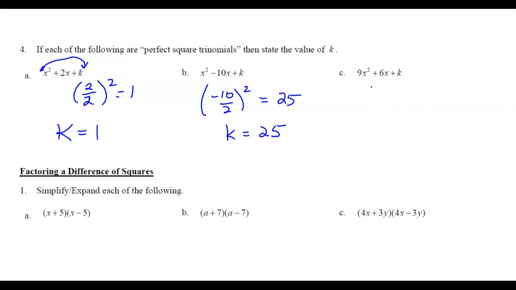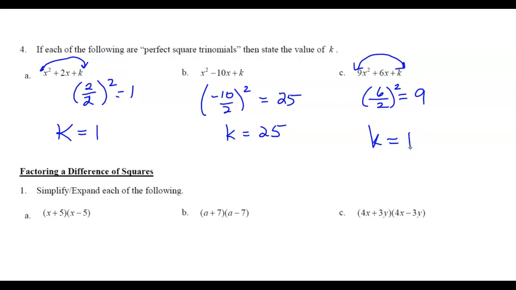Okay, this one here, half of 6 squared is 9. Now notice that this isn't a simple trinomial. So this 9 has to be the product of 9 and k. Well, what must k be then? 1.